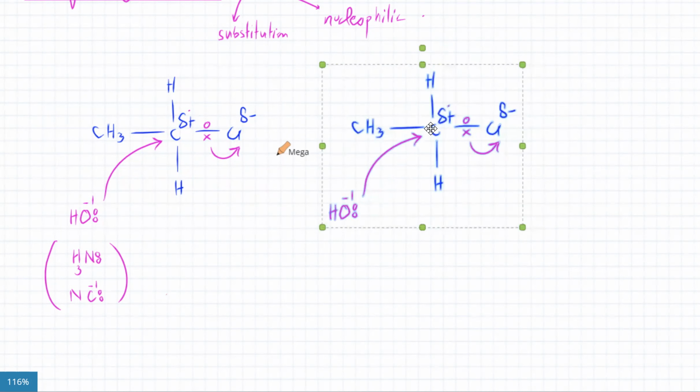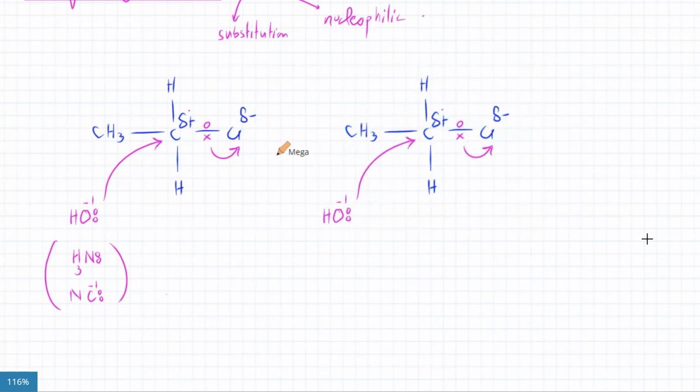The next step is the OH comes closer and closer to the carbon, which is positive, and starts to form a weak bond with it. Its lone pairs are really attracted to the carbon, and as the OH approaches, the Cl starts to leave.